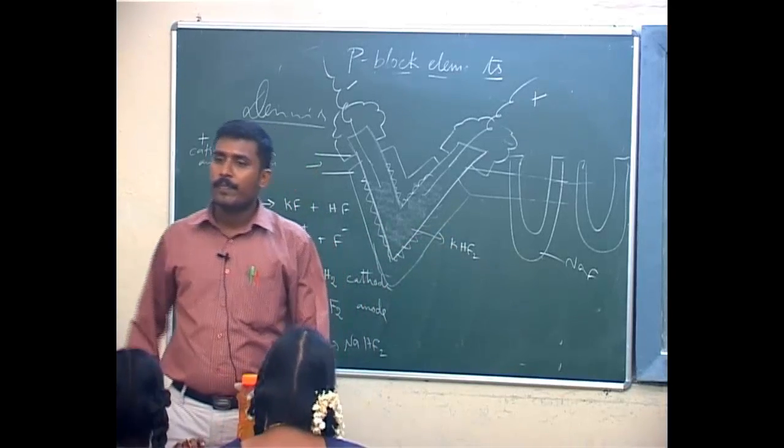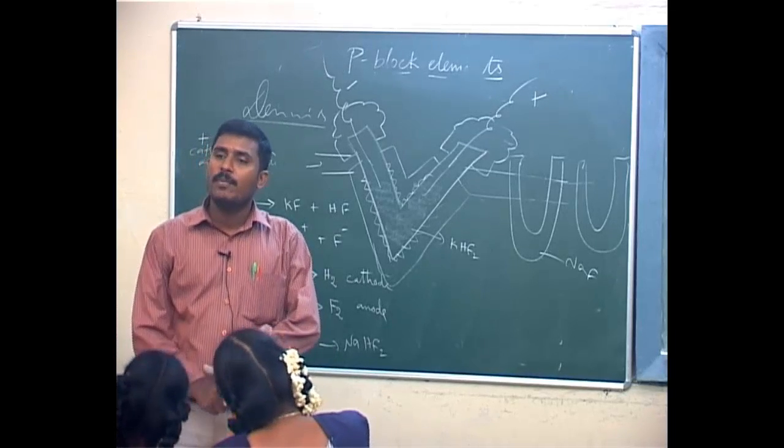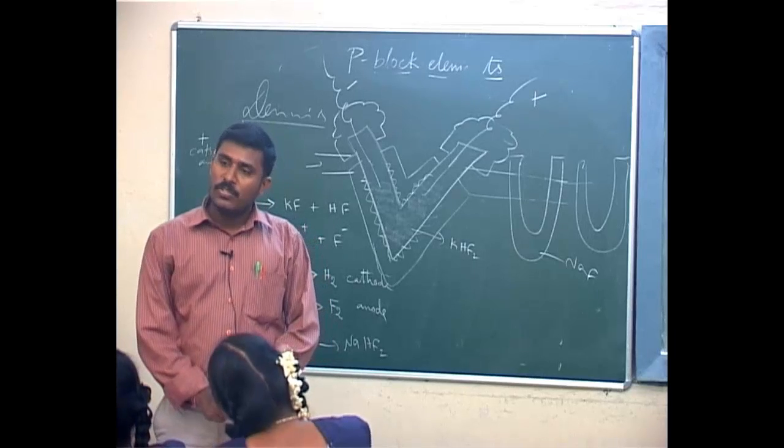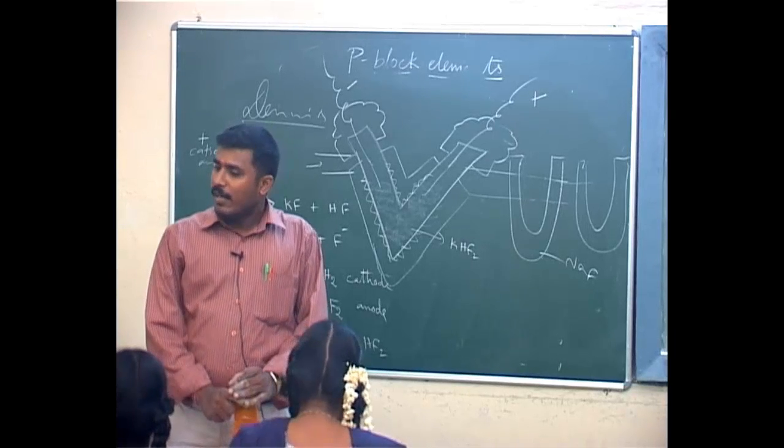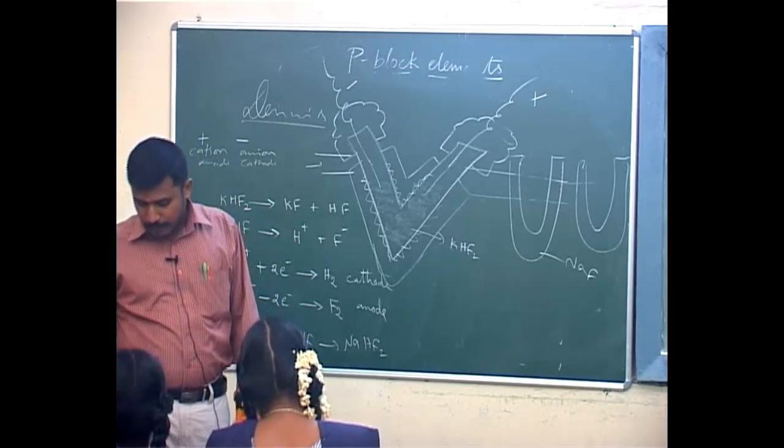It's very clear. So the Dennis method is a very important 5-mark question. How to isolate fluorine, or explain Dennis method? Anyway they can ask.